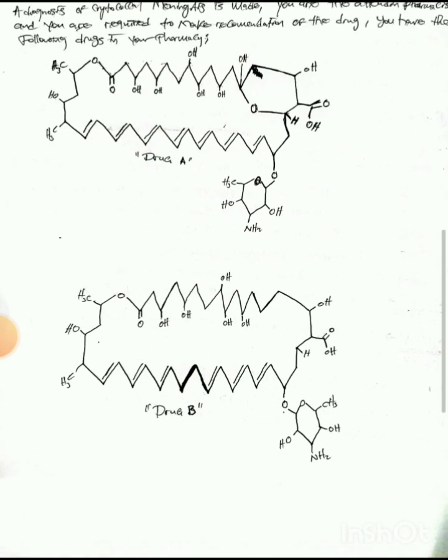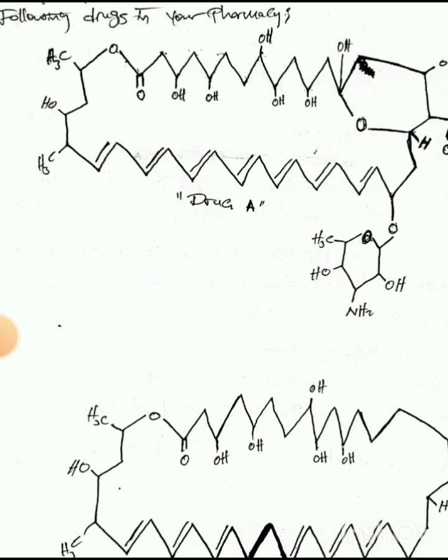So the structural reason behind the answer is the double bonds on drug A. Drug A has a total of 1, 2, 3, 4, 5, 6, 7 double bonds.